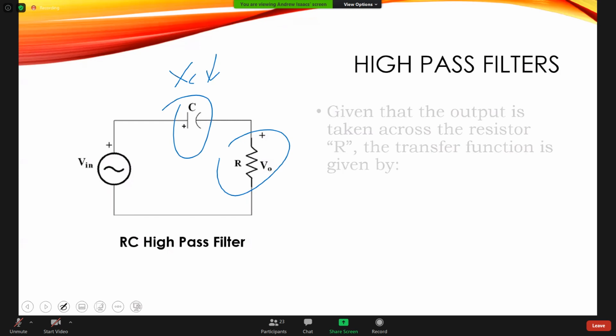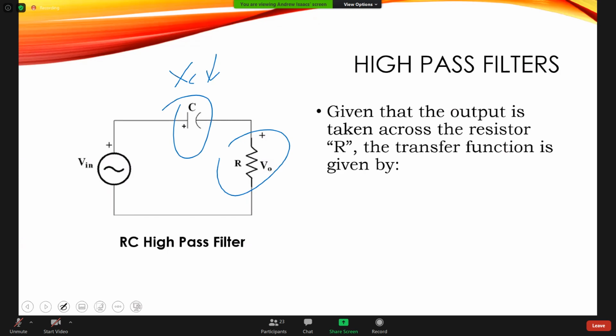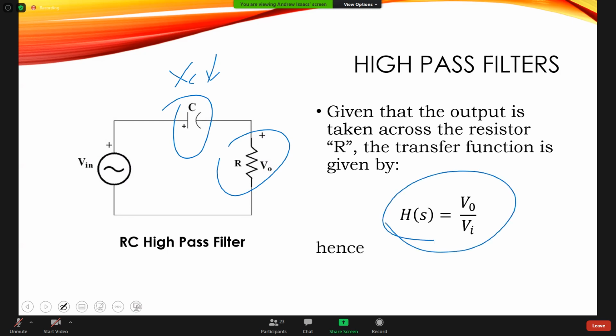So as before, the transfer function, V0 over V in.